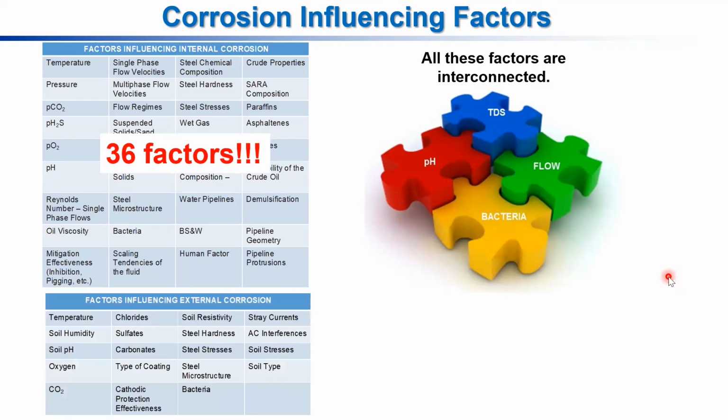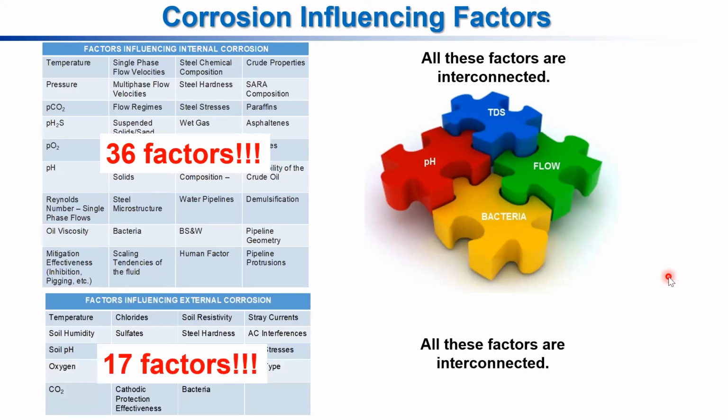When we look at external corrosion, we have 17 factors. External corrosion has fewer factors than internal, but still it's 17 factors. Altogether, it is 53 factors to mitigate and to maintain the integrity of a pipeline due to internal and external corrosion.